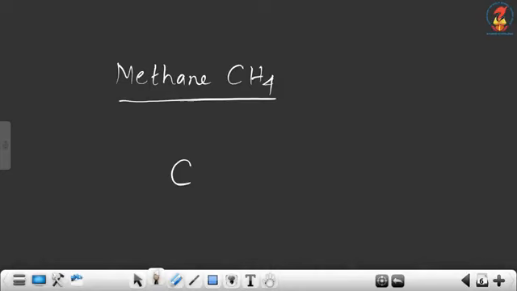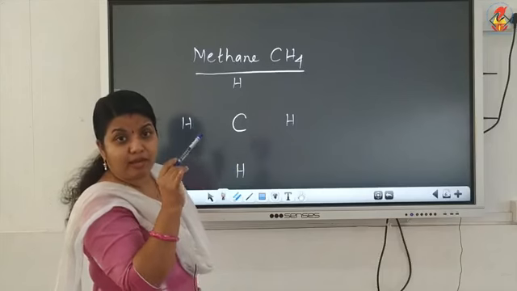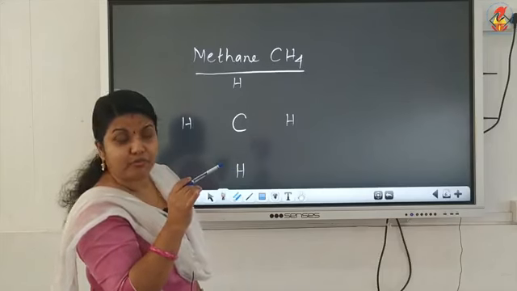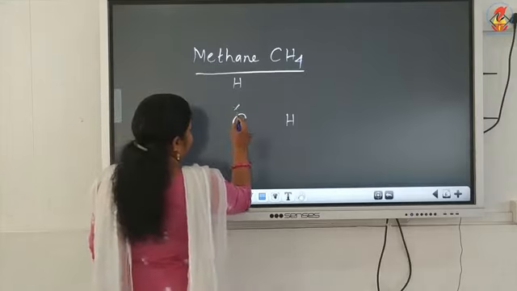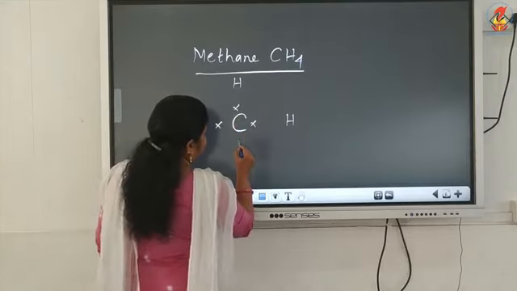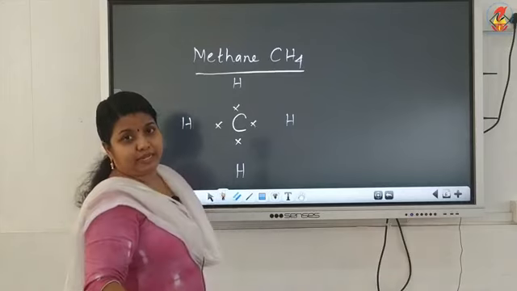So one carbon atom and 4 hydrogen atoms are there, isn't it? So represent all the combining atoms like this. The configuration of carbon we saw in the beginning of this chapter. Carbon has how many valence electrons? 4 valence electrons. So represent the 4 valence electrons of carbon with cross sign.